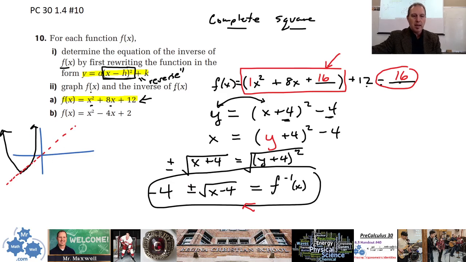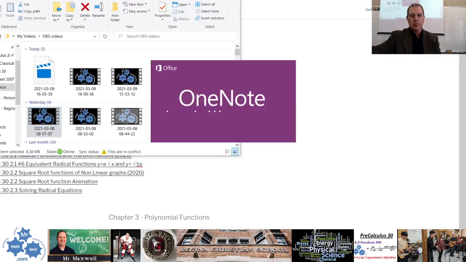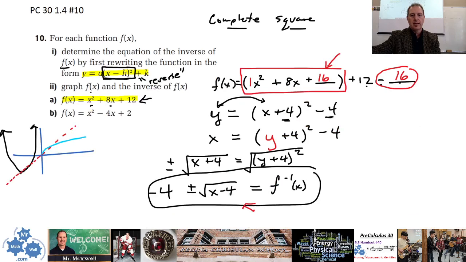This is my square root graph, that's root x, and I'm going to move it to the, oh, sorry, that should be a plus. There we go. I'm going to move it to the left. Oh, gosh. Computer problems.